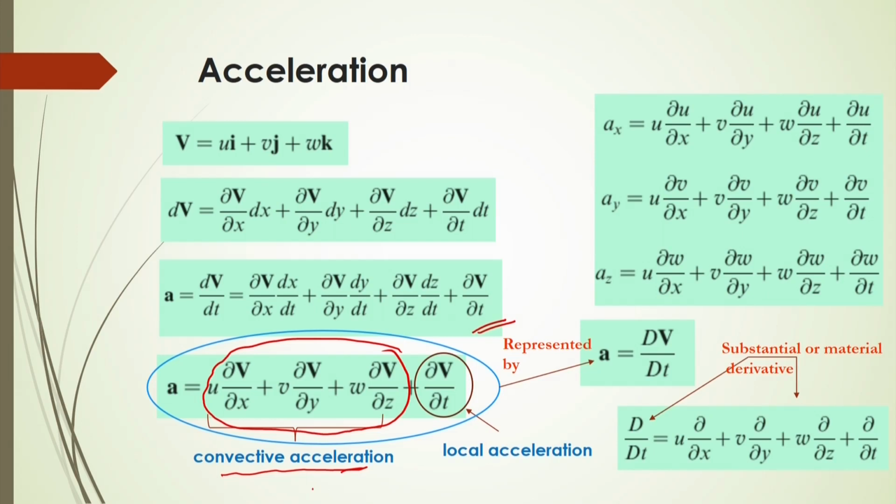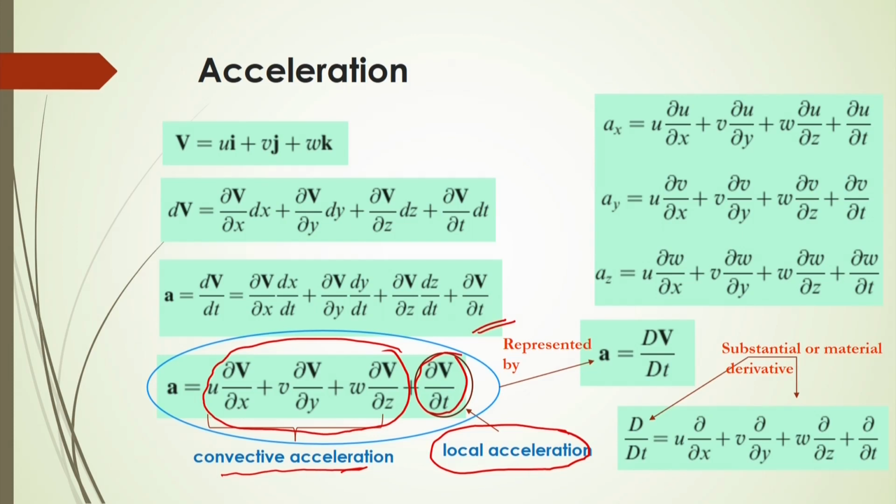That means it is only due to the fluid flow at a particular time instant, in the x, y and z directions, with time fixed. But if we consider the term where there is no effect of spatial location and only time matters, it is called the local acceleration. So the total acceleration is the convective acceleration plus the local acceleration.